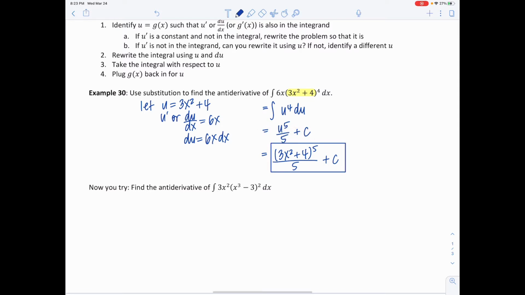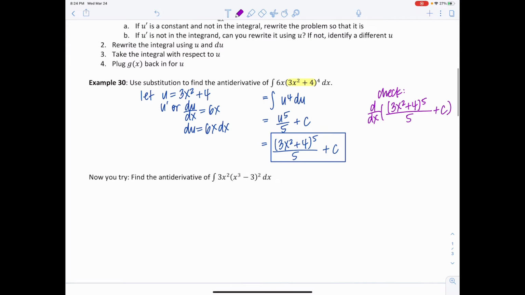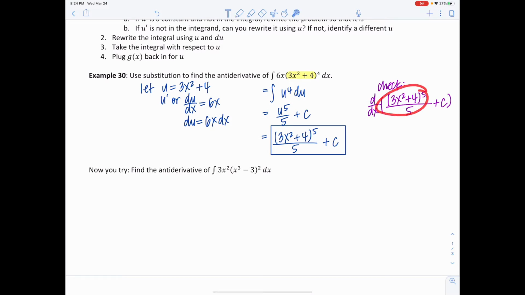And you can check this by taking the derivative of your answer, just like we did when we first learned about antiderivatives, when we were verifying. So if I were to take the derivative of this, I would use chain rule.